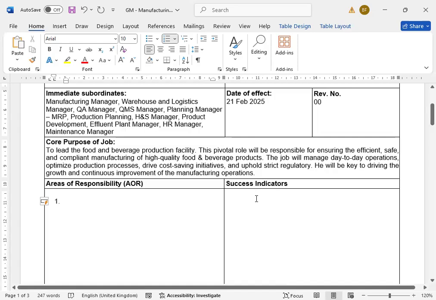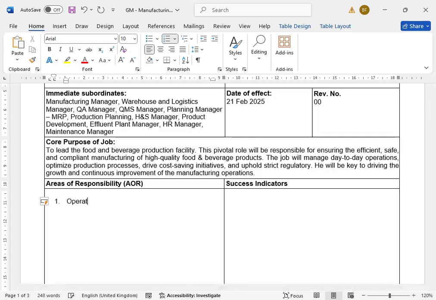So one area of responsibility is operational leadership, because he's a leader. He or she is a leader and a strategist. He will strategize the business. How is he going to make it grow? Continuous improvement. So he will take the lead.